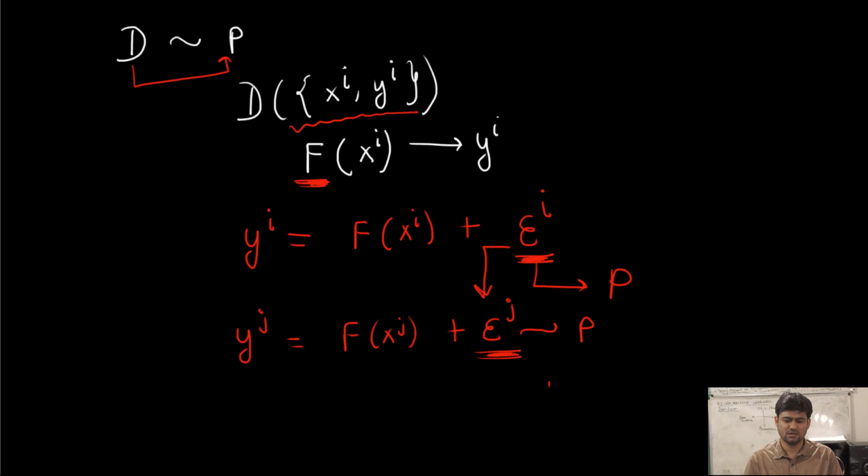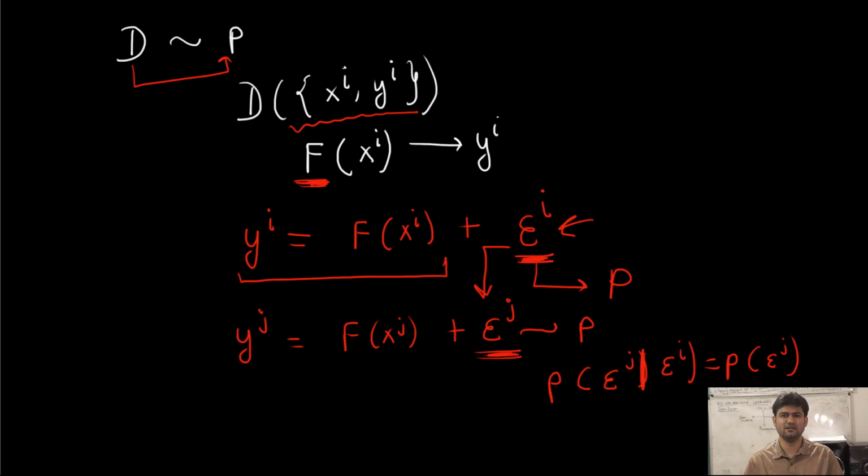It means that the probability of epsilon j is independent of the observation of epsilon i on the data point xi and yi. That is, the probability of epsilon j given the error epsilon i is simply equal to the probability of epsilon j.